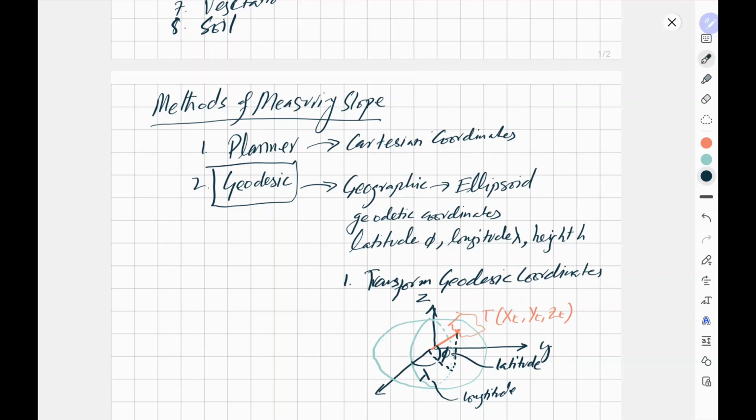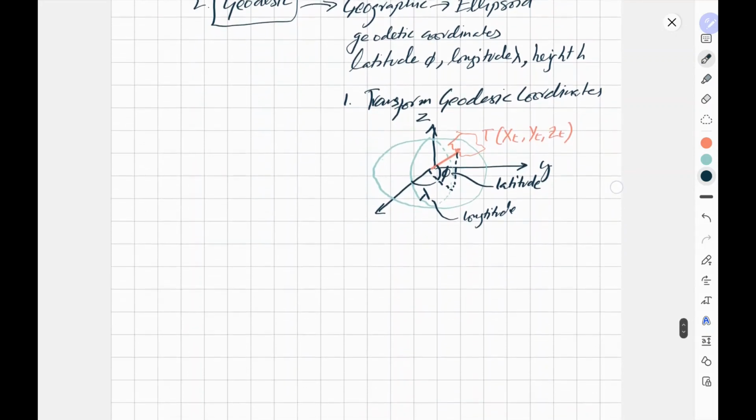So what we do is we transform this latitude, longitude, and h height into x, y, z, for which we have some functions. Okay, what are those functions? Those functions are following.